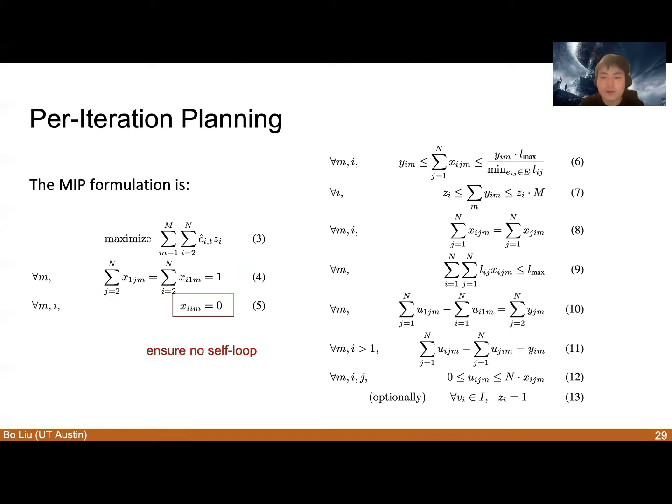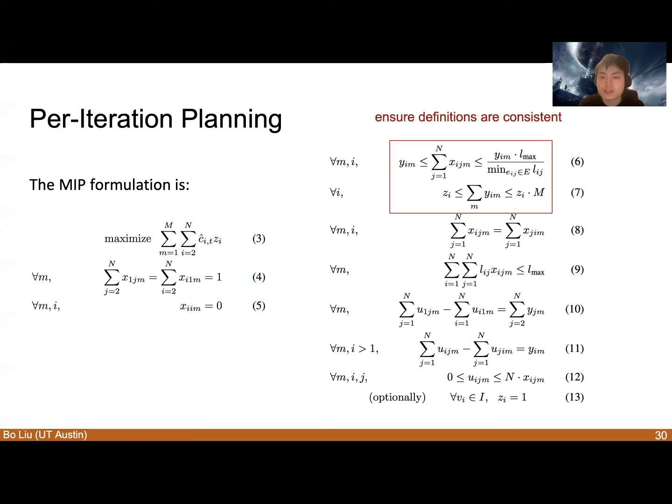Constraint 5 ensures that there's no self-loop. Constraints 6 and 7 ensure the definitions are consistent. Basically, the definitions of X, Y, and Z are consistent. Constraint 8 ensures the flow consistency. The amount of outflow should be equal to the amount of inflow for every vertex. Constraint 9 ensures the route length constraint.